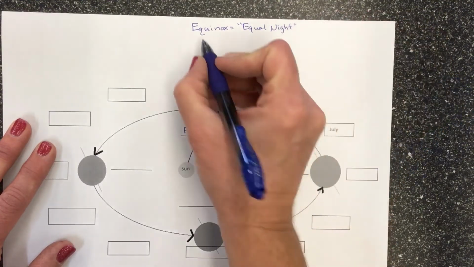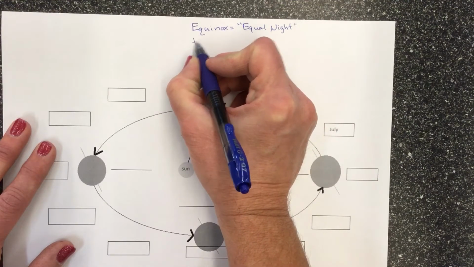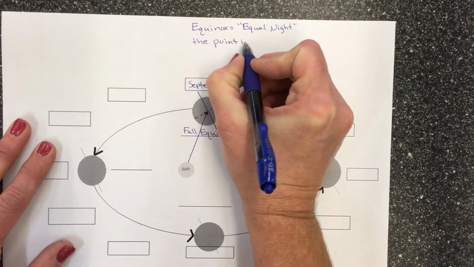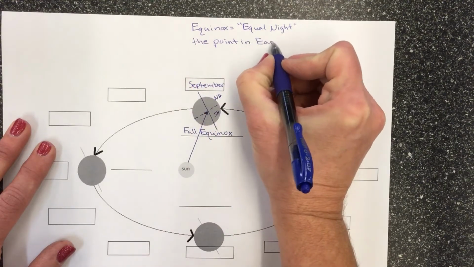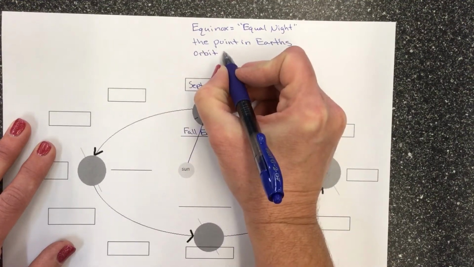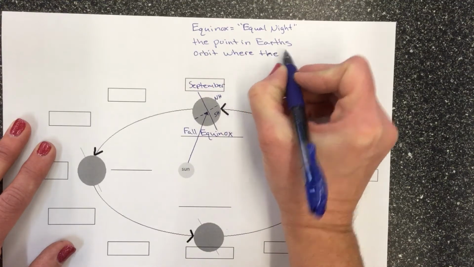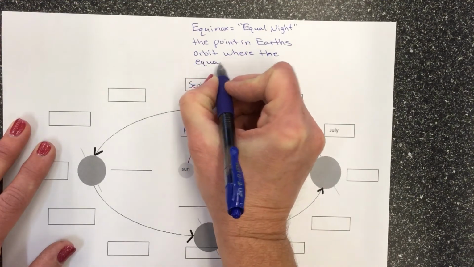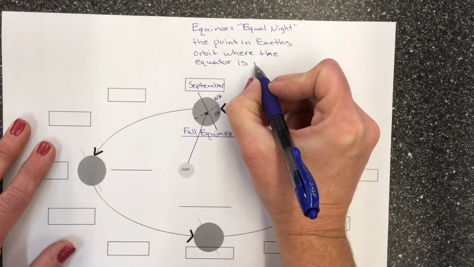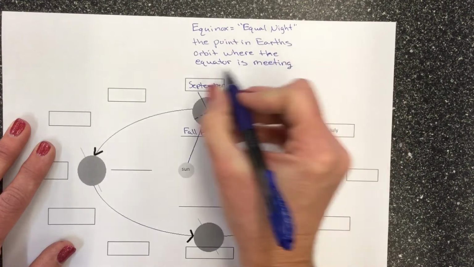An equinox is the point in the Earth's orbit where the equator is meeting up with the plane of the ecliptic.